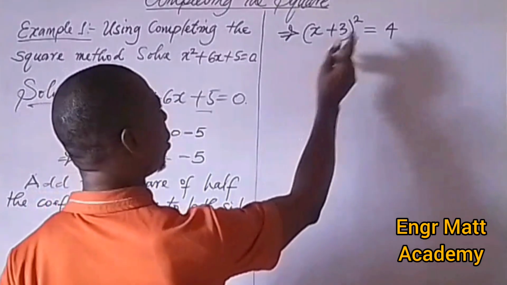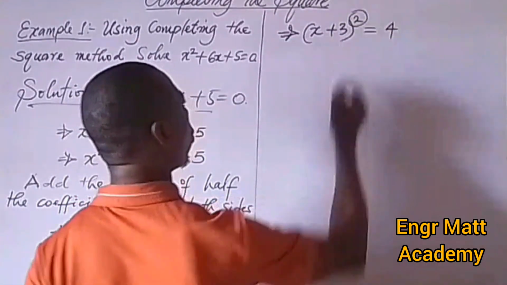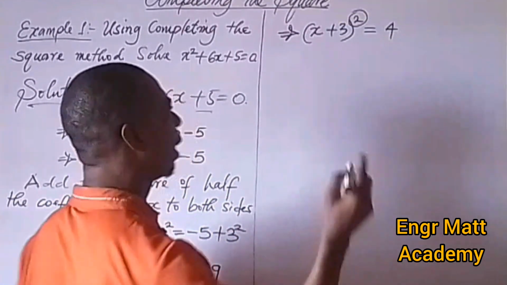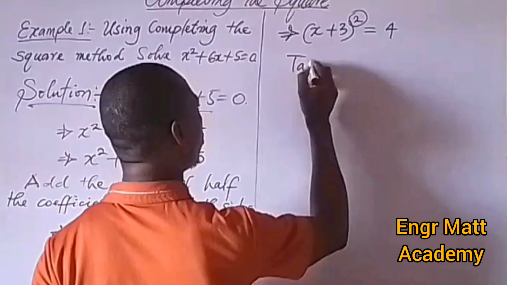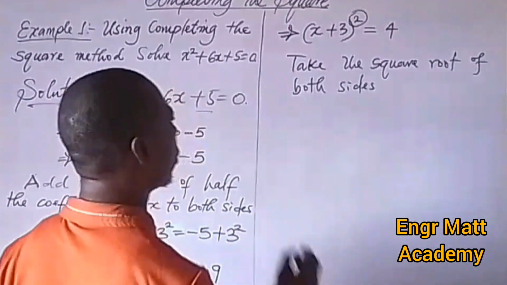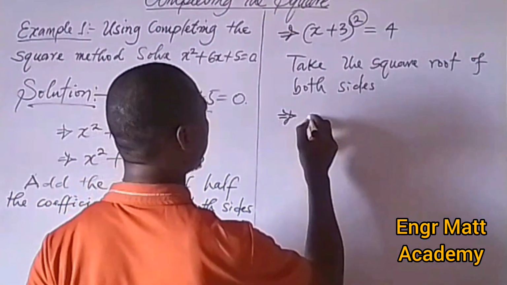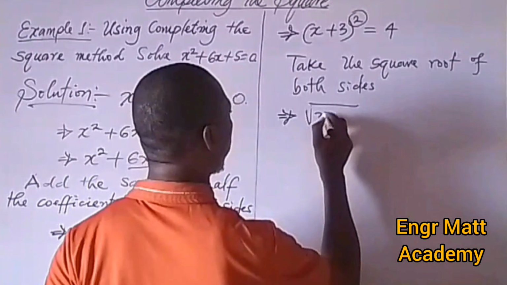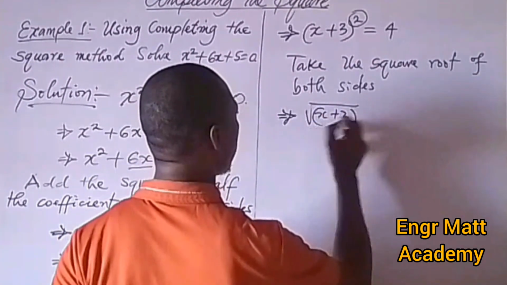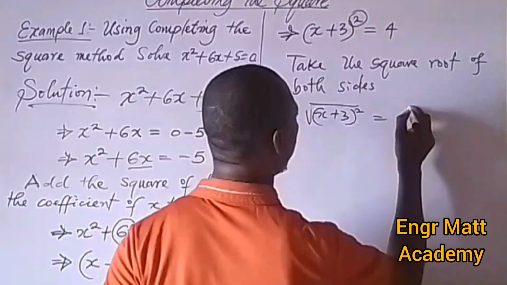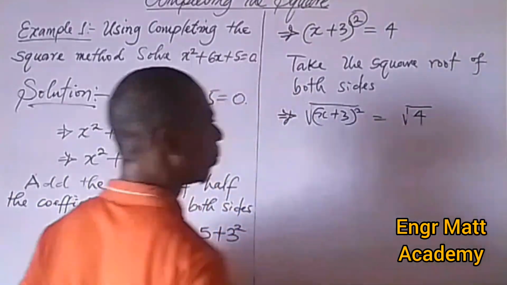At this point, we need to get rid of this square. To do that, we take the square root of both sides. That is, the square root of x plus 3 squared and the square root of 4.